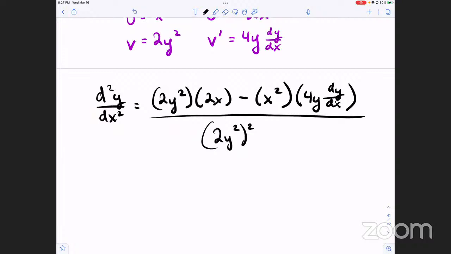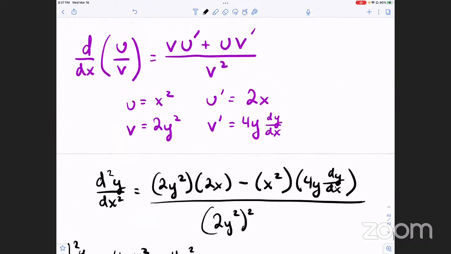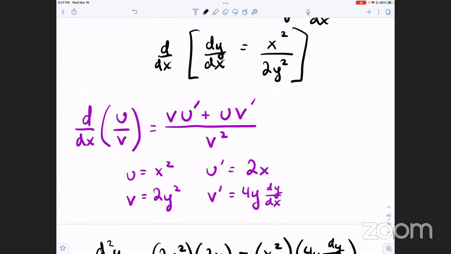So now the second derivative of y with respect to x, let's go ahead and expand and simplify some stuff as well. So 2 times 2 is going to be 4xy squared, minus 4x squared y times dy by dx. Oh, come on.